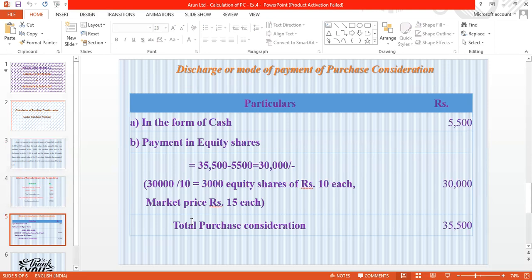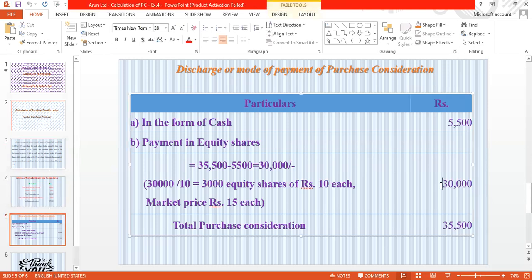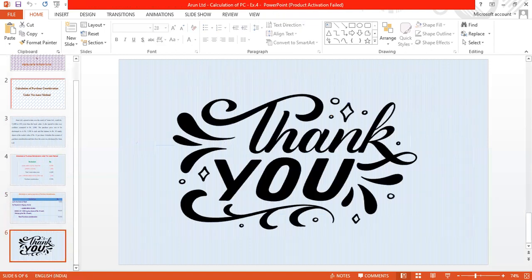So 30,000 divided by 10 is equal to 3,000 equity shares at the rate of rupees 10 each. That is 30,000. Total purchase price is 35,500. They are giving 5,500 in cash and 30,000 in shares. Thank you all.